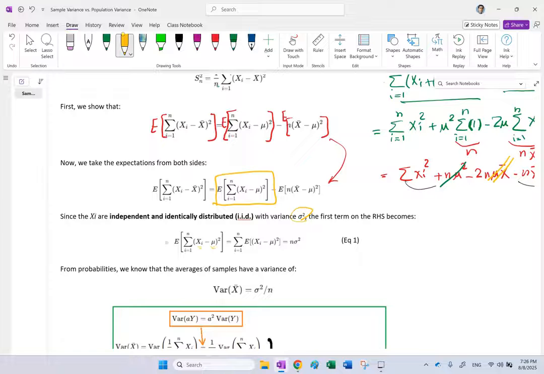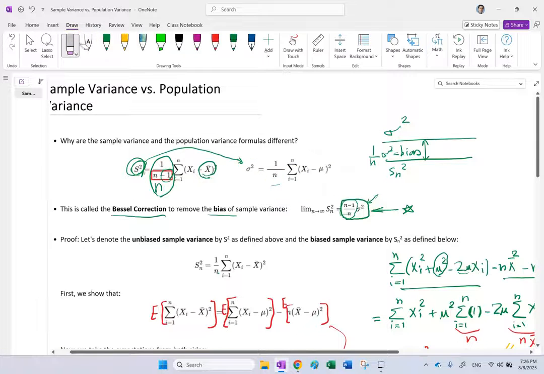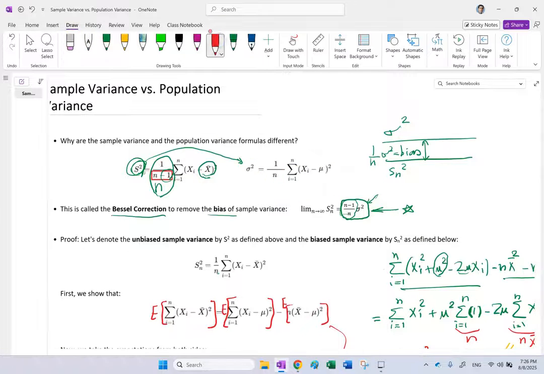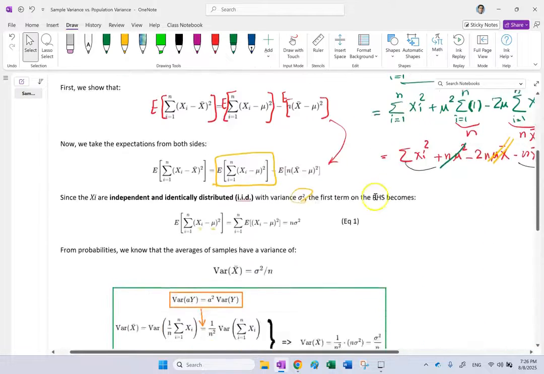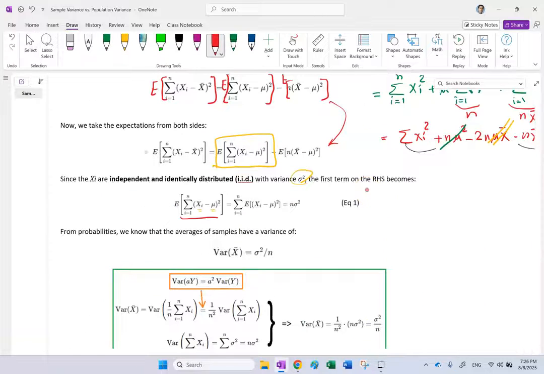That is exactly going to be n sigma squared, because if you look at the definition of sigma, you see we are looking at this term. If I cross multiply both sides by n, you see that is exactly n times sigma squared in terms of expected value. So the first term on the right-hand side is going to be n sigma squared. The question is, what is the second term?